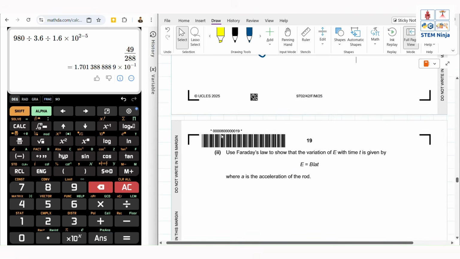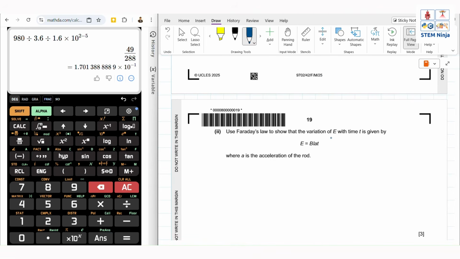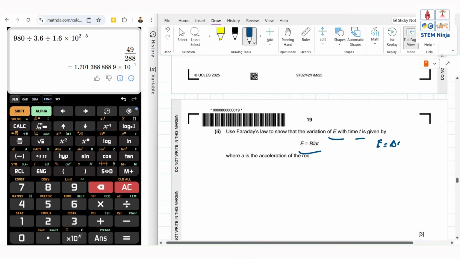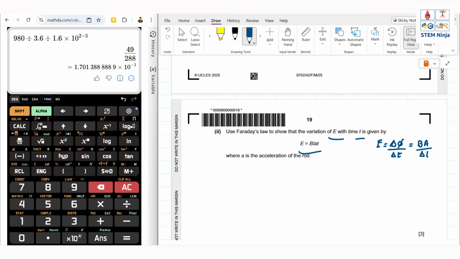Use Faraday's law to show that the variation of E with time t is given by this. We know that E is equal to the rate of change of flux with time, which is basically V A over time.